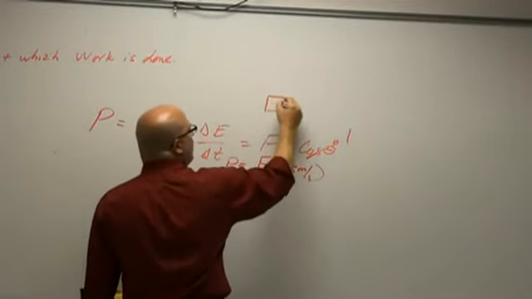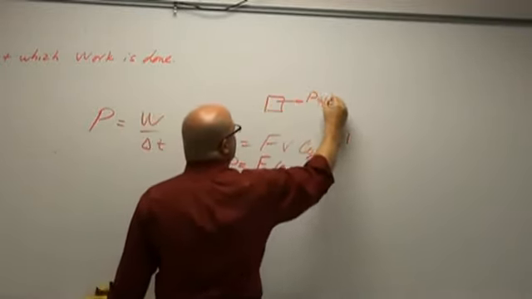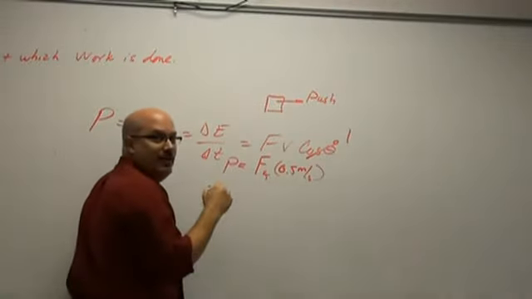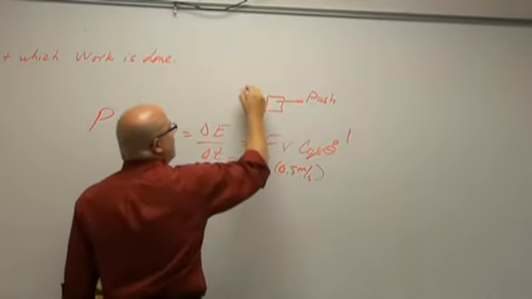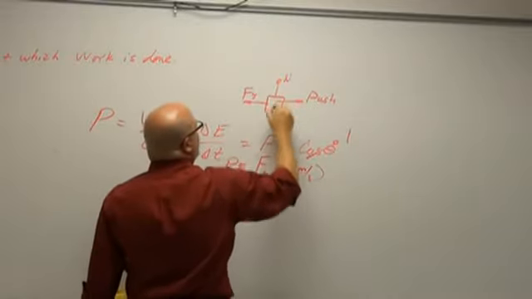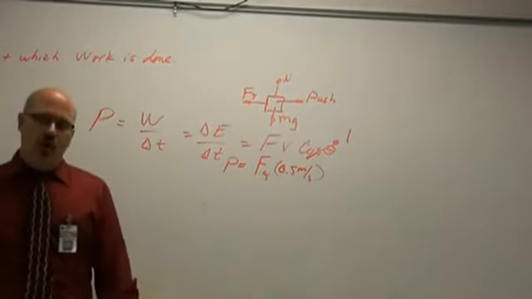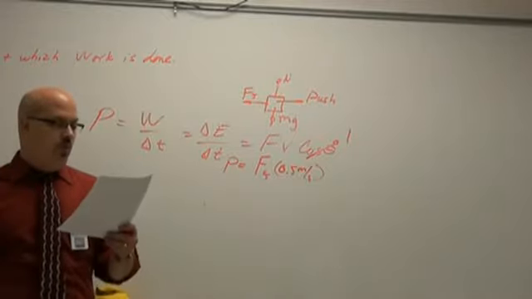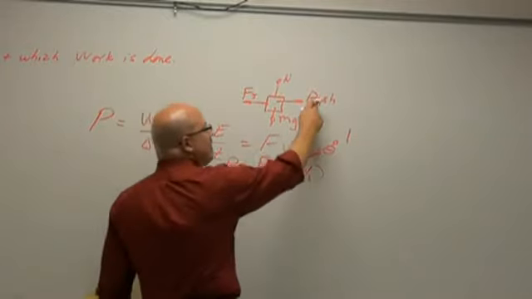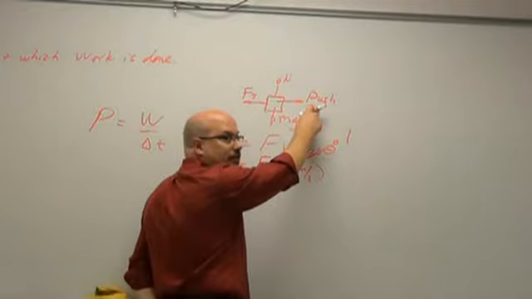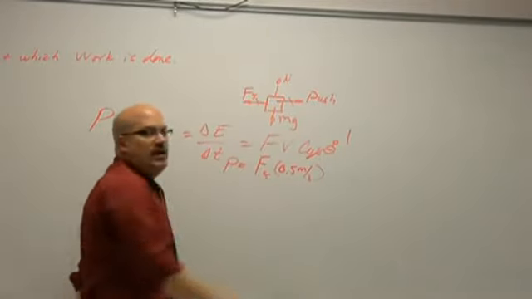You're pushing something across the floor, so push. What other forces are there? Friction. Gravity. Normal. Gravity. All right, so power supplied to the box is going to be our pushing force. But our pushing force is equal to friction, right? Yeah.